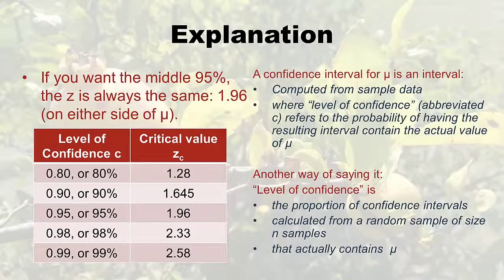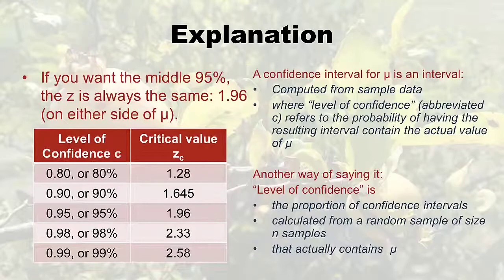So just to remind you, I am going over this theory in different ways so it sinks in. A confidence interval for mu is an interval that we've computed from sample data where the level of confidence, or the C, this percent, refers to the probability of having the resulting interval actually contain the value of mu. So when I say I'm 95% confident, I'm 95% confident this interval has mu in it.